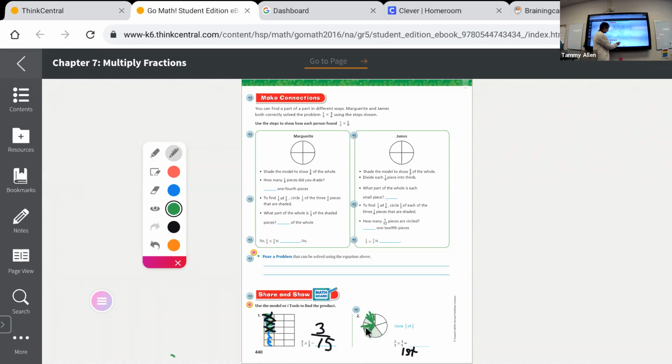And here's where it just gets ugly. We can't really see it, can we? It's hard to see, and that's why I don't like circles. It's always harder to see. So we have to go back and use a different color.